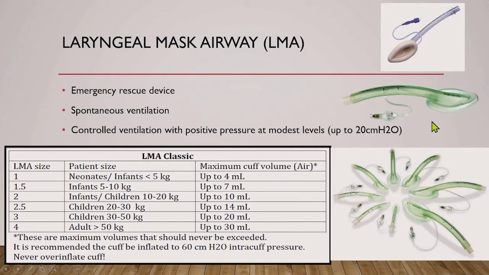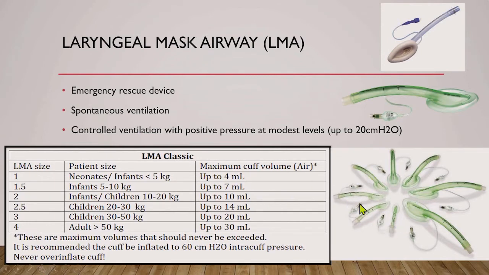And this is the laryngeal mask airway, and it is an emergency rescue device. It can be used in patients with spontaneous ventilation, and ventilation can be provided with positive pressure at a modest level, up to around 20 centimeters of water.